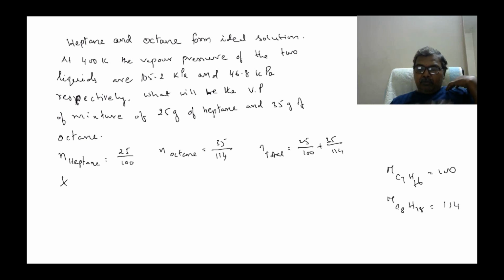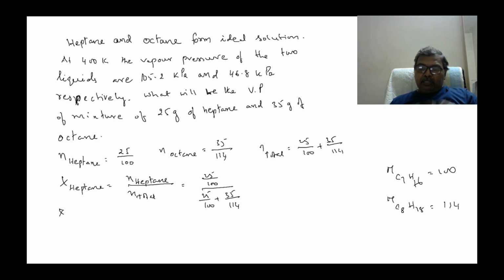Mole fraction of heptane is number of moles of heptane by total number of moles, 25 by 100 by 25 by 100 plus 35 by 114.